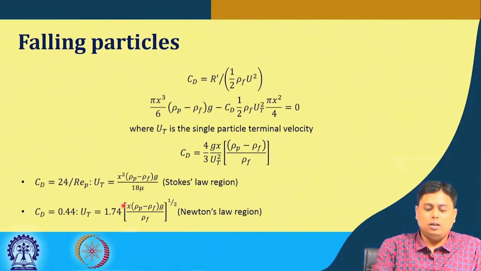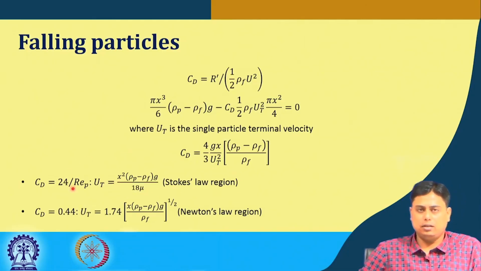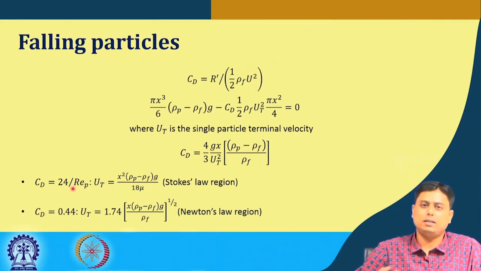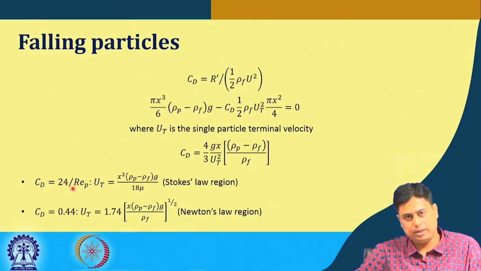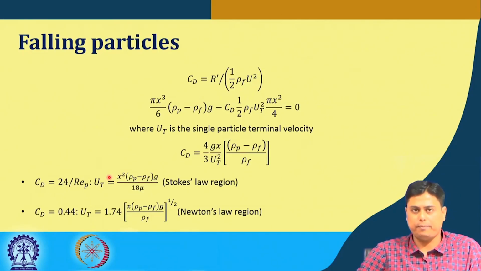Which means if you can create a Stokes law region, bigger particles will fall very fast, relatively much faster than the smaller particles. As the particles get bigger, they will fall faster and faster, because it changes with x square.